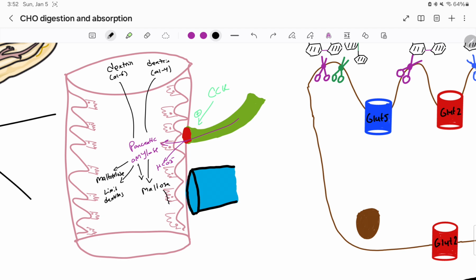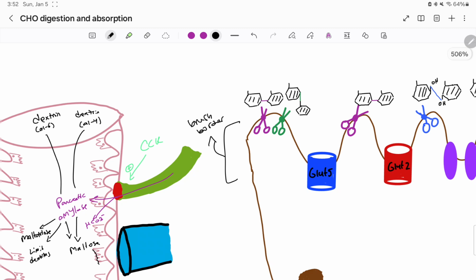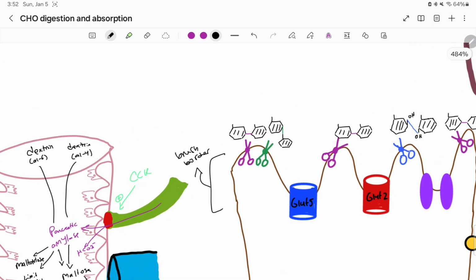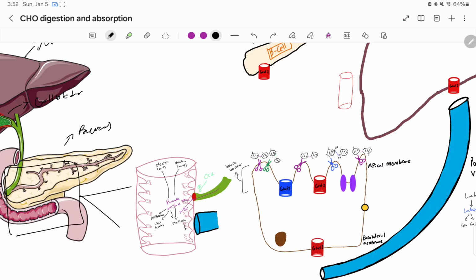You guys remember I called this portion of the enterocyte the brush border? They need to go here and get hydrolyzed by brush border enzymes, okay? When we're cleaving these bonds between monosaccharides or oligosaccharides, that's called hydrolyzation, because I'm adding water into the reaction, okay? So that's going to be that.